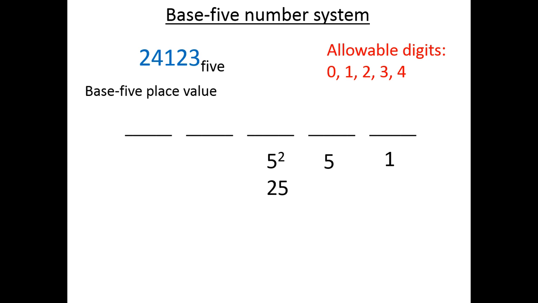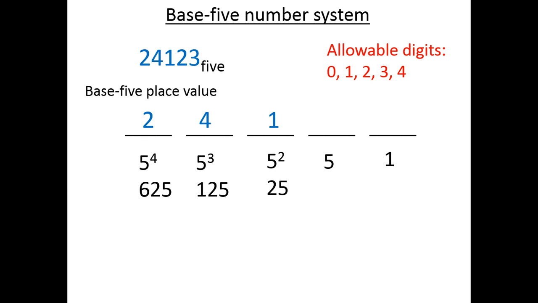To the left of that, we have groups of 5 5s, which would be groups of 25. To the left of that, we would have groups of 5 25s, which is 125s. To the left of that, we would have groups of 5 125s, which is 625, and we could continue this as long as we needed to.